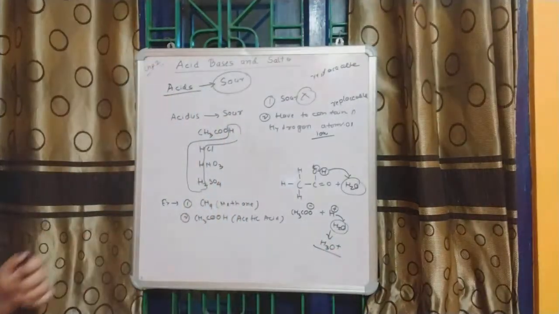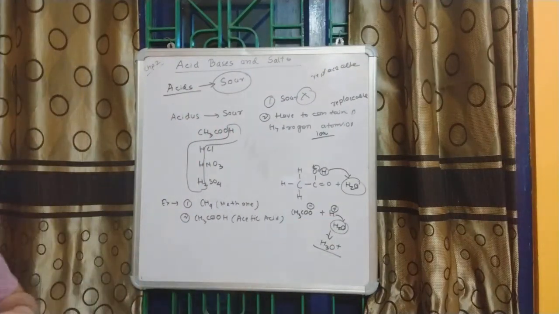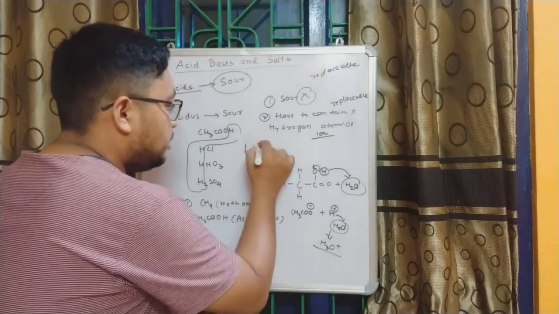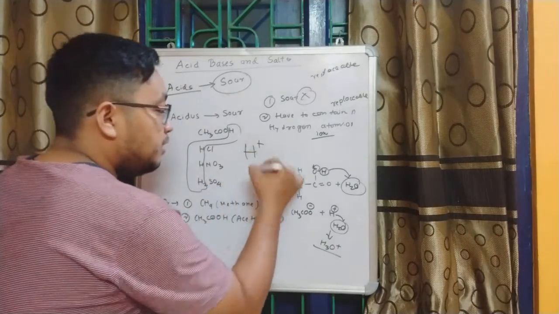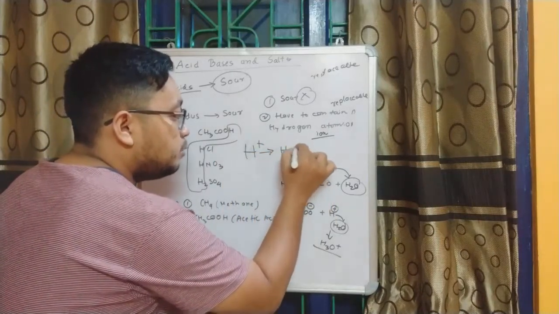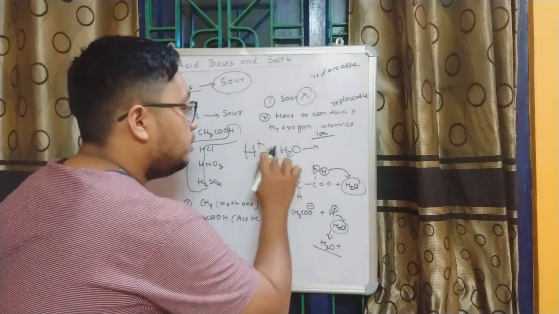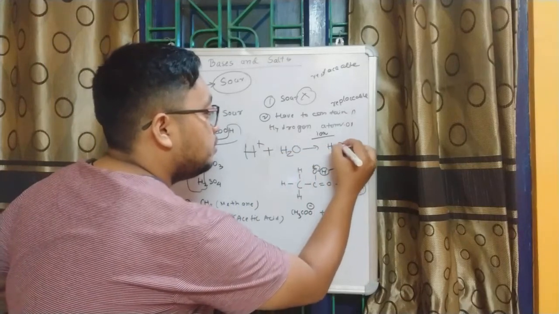H3O positive. Always remember that this hydrogen plus ion cannot exist alone on its own. This is not stable at all. H plus is just a single proton. So as soon as it becomes free, it will find one water molecule and combine with it to give you H3O plus.